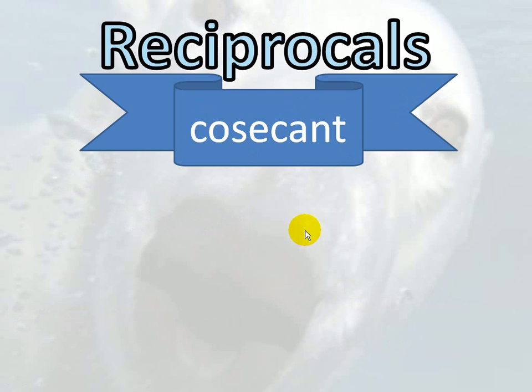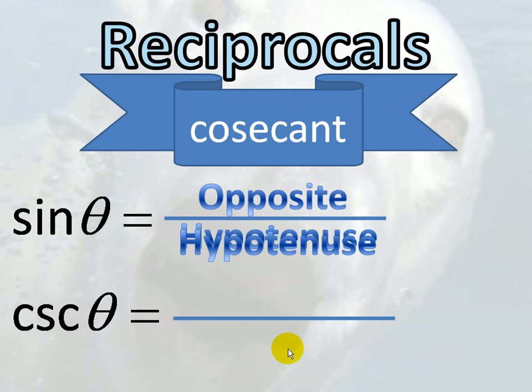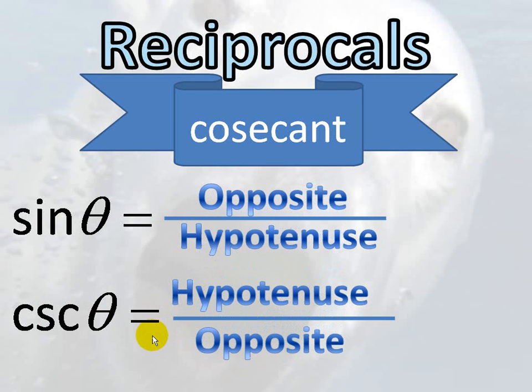We have what's called the cosecant. Now remember, sine is opposite over hypotenuse. Well, cosecant, abbreviated CSC theta, is the reciprocal of that. So it would be hypotenuse over opposite. So remember, cosecant is just the reciprocal of sine.